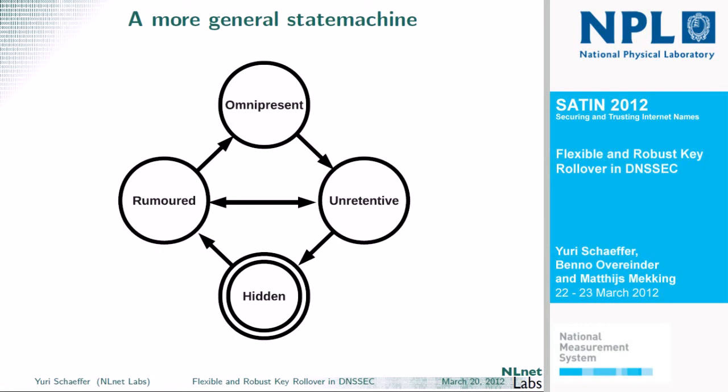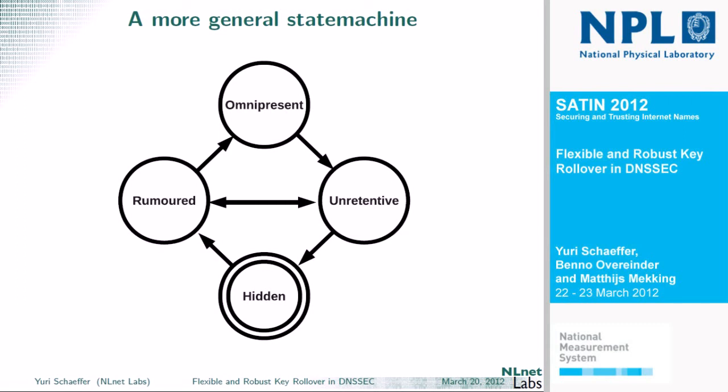All we know is that if we wait long enough, something to do with TTLs, our record becomes omnipresent. And on the right side, we have unretentive. It has almost the same meaning, only we stop publishing the record, and we know if we wait long enough, then everybody will forget about this record.